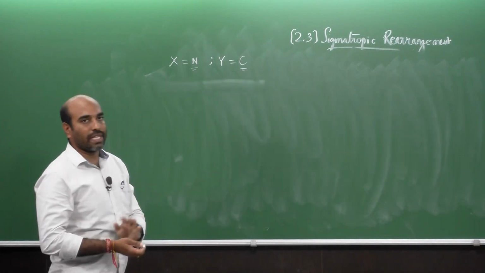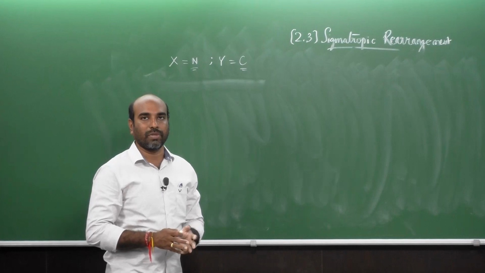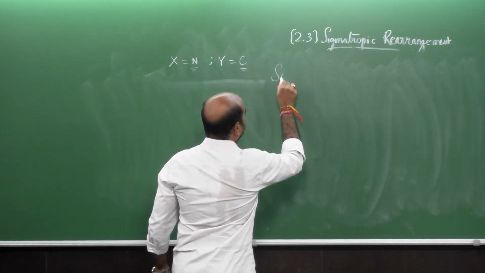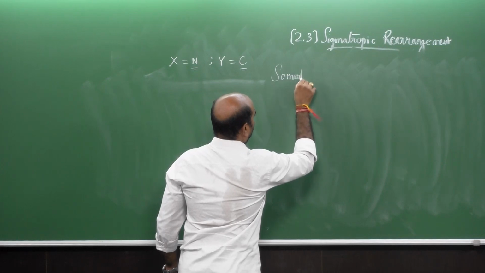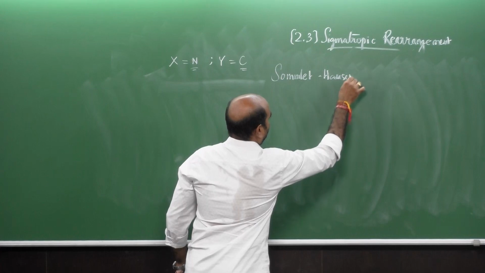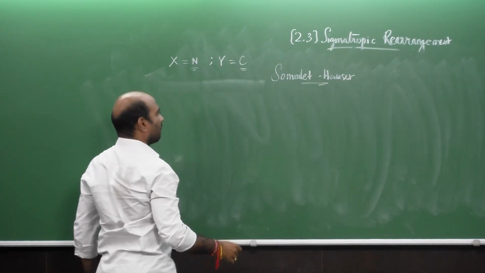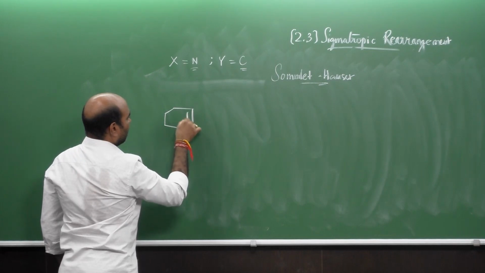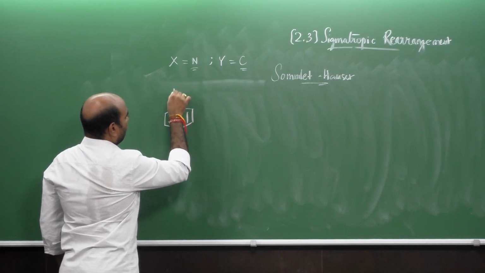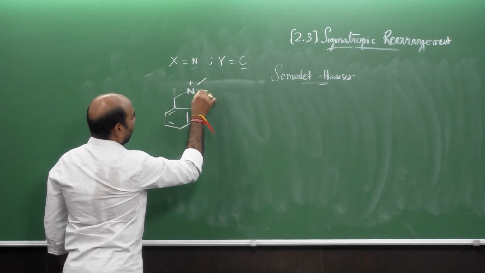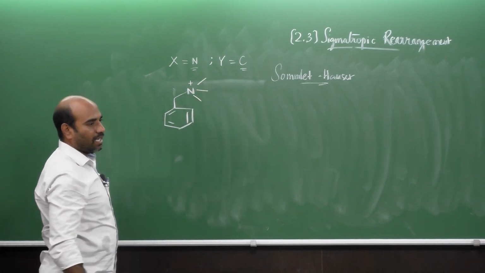One more nitrogen-containing 2,3 sigmatropic rearrangement is the Sommelet-Hauser rearrangement. When you see quaternary amines, this is a quaternary amine.